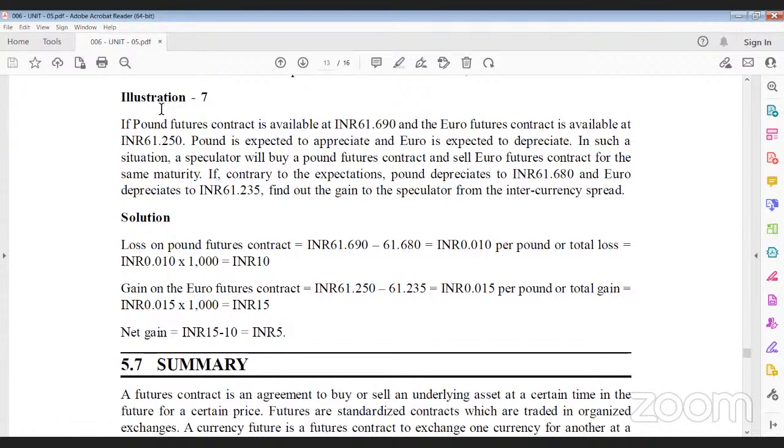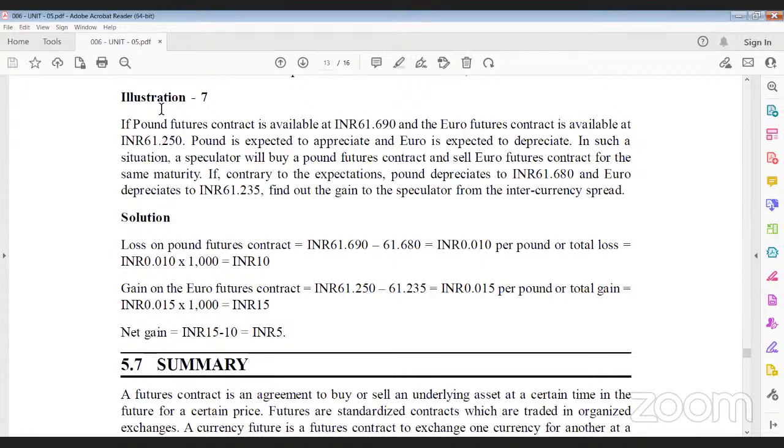Now look at how we can calculate the loss on pound future contracts. It's given as INR 61.690 minus 61.680 for the pound depreciation. So the difference is INR 0.010 per pound. Our total loss, if it is 0.010 into 1,000, is INR 10.